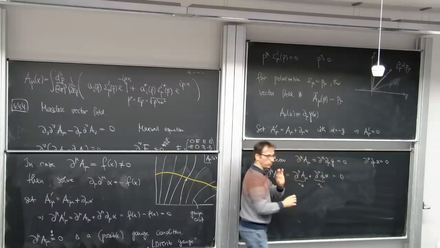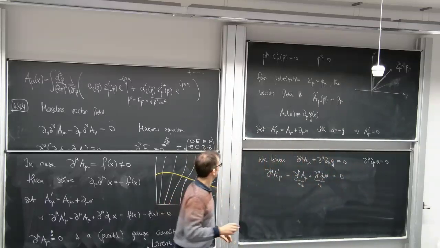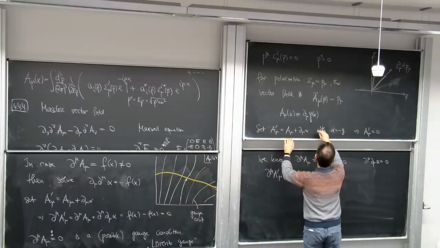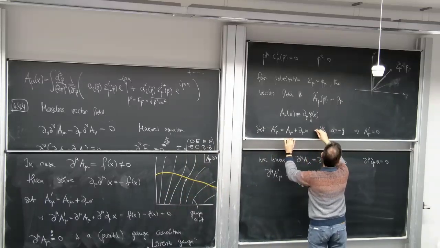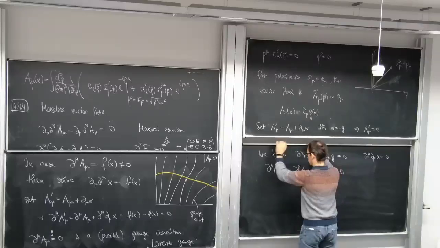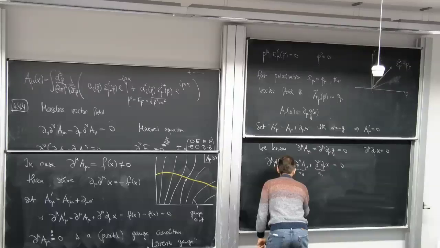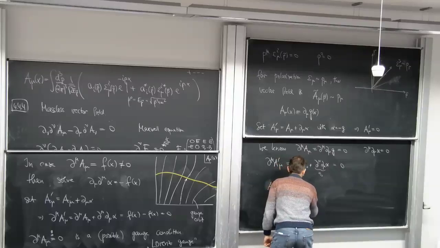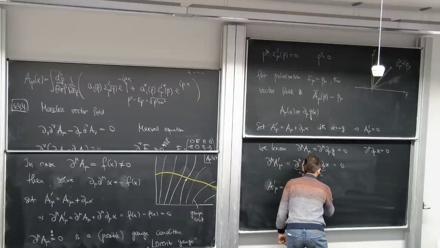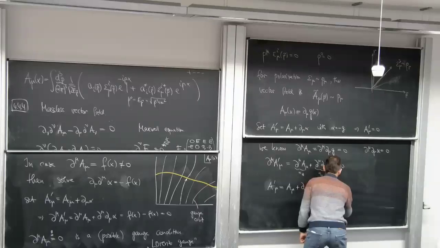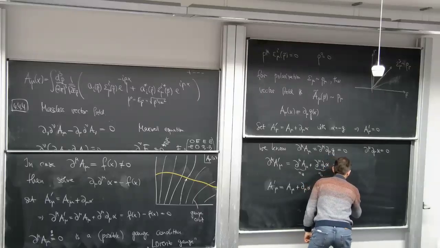And so we don't spoil Lorentz gauge. So this here, A prime mu equals A mu plus d mu alpha with box alpha equals 0.